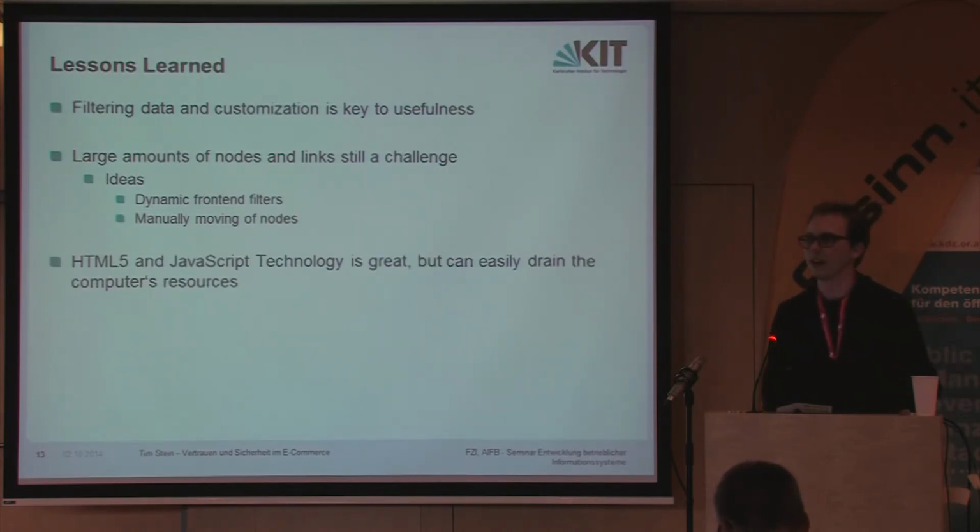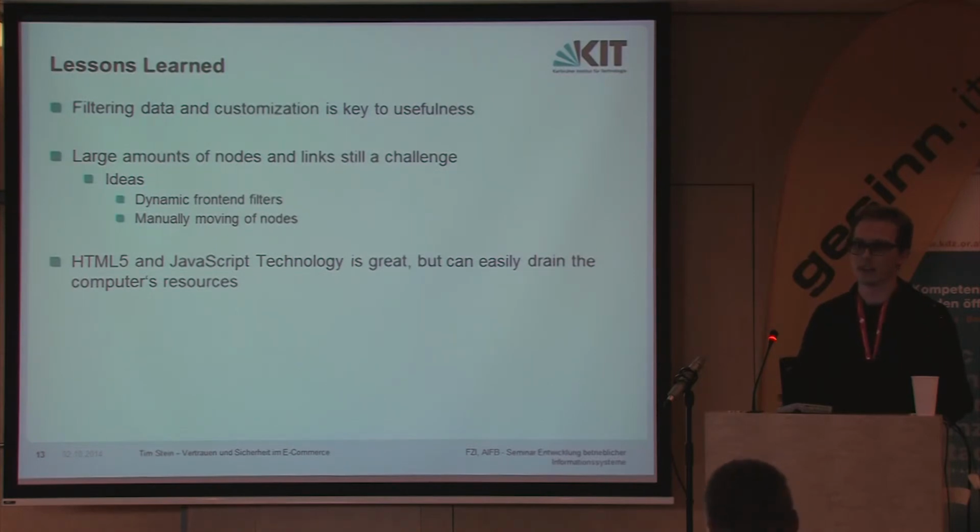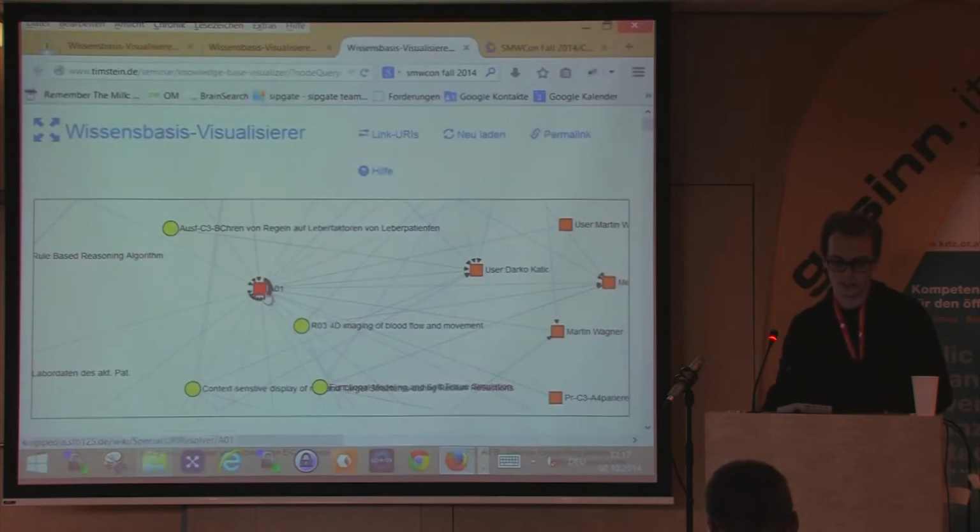I was really surprised about that actually, because my laptop is not that bad, but it was very, very slow. If you use a JavaScript framework and it's animated, you can move the dots in the original version.